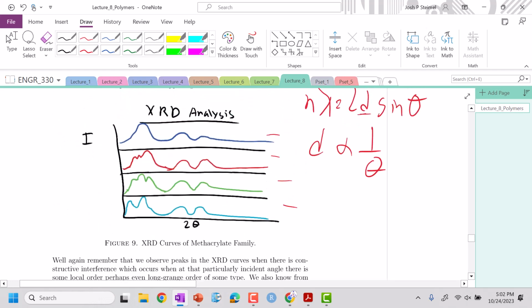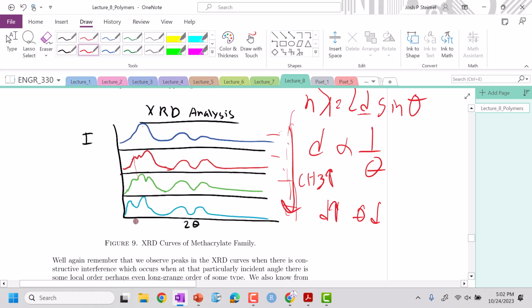So we have these large distances, and if my distance is large, that means my theta is very small. These are changing as we go down here, where the CH3 groups are actually increasing, meaning the distance should be increasing as we go down this plot. And you see that these peaks are splitting and then shifting.